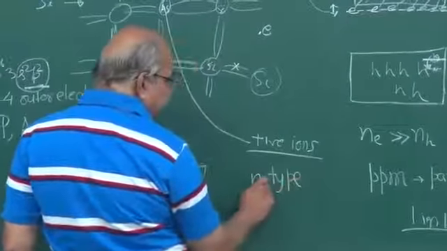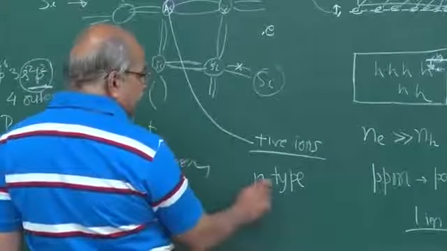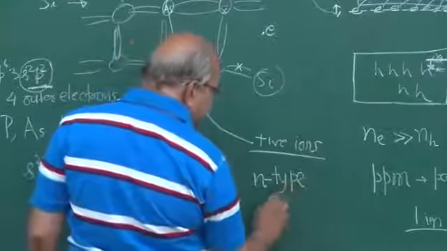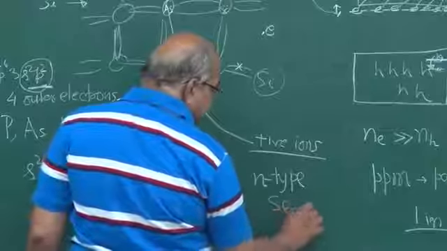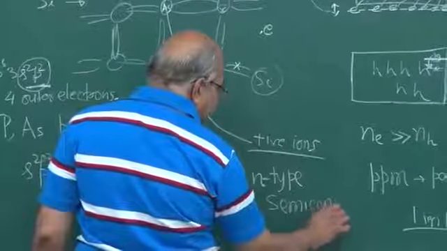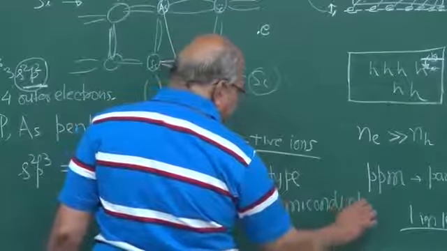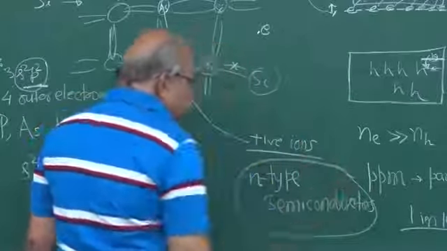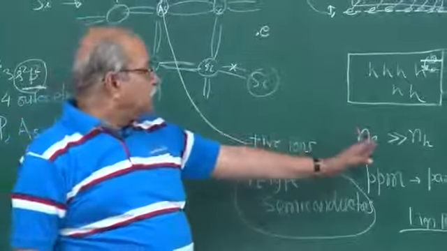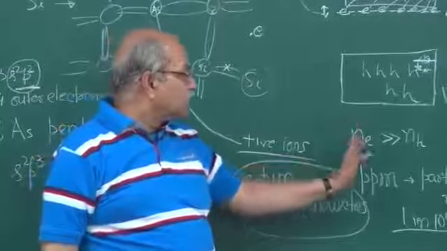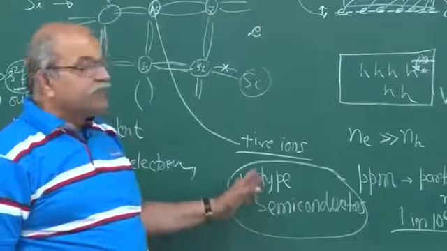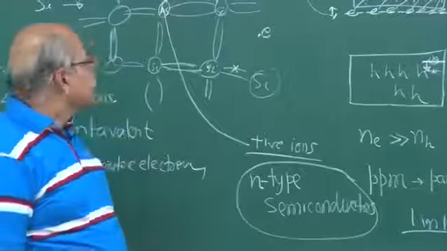Negative type, negative charge carriers are in larger numbers. So N-type semiconductors. Okay, where the number of conduction electrons is much larger than the number of holes, those are known as N-type semiconductors.